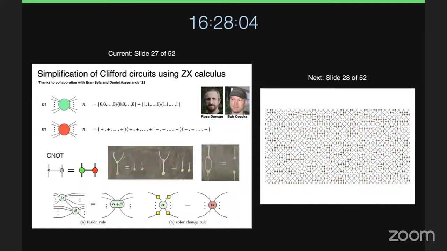To do that, we decided, and this is one of the reasons we chose this model, it's so simple, we decided to use this tool, which is called ZX calculus. When we draw unitary circuits, we're just using some graphical representation of a quantum process. ZX calculus is just another way of representing a quantum process using some graphical tool.